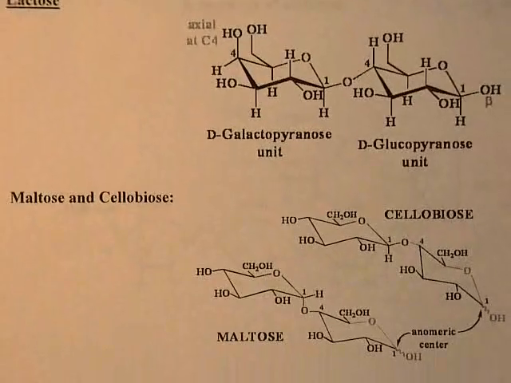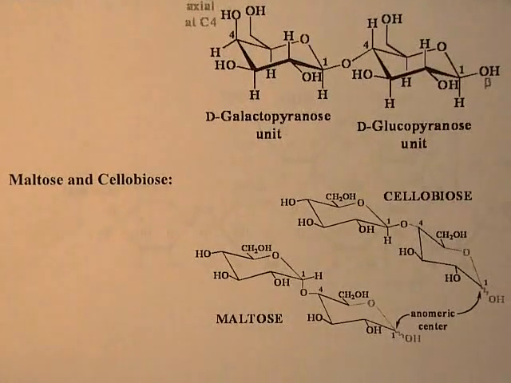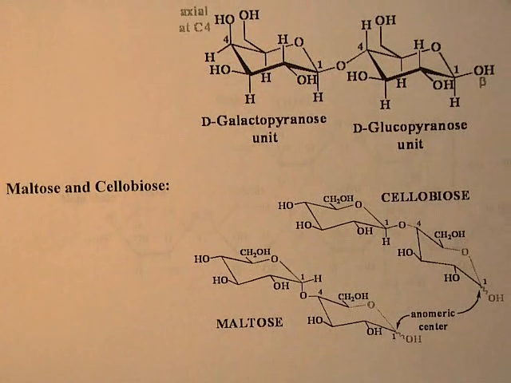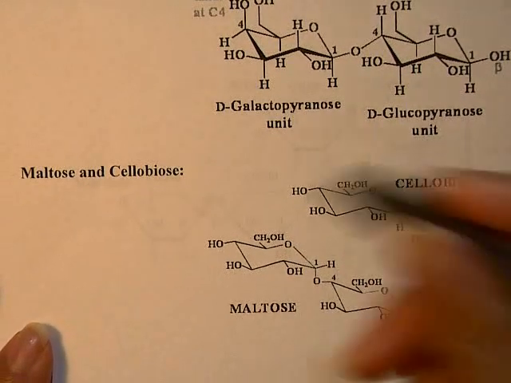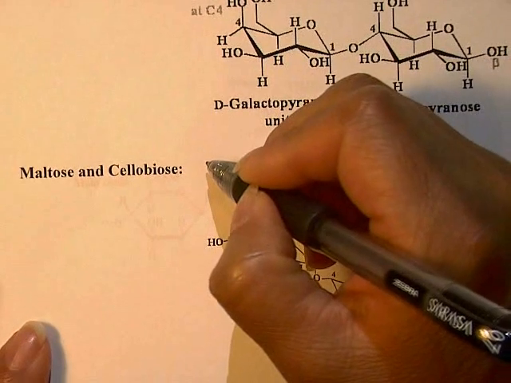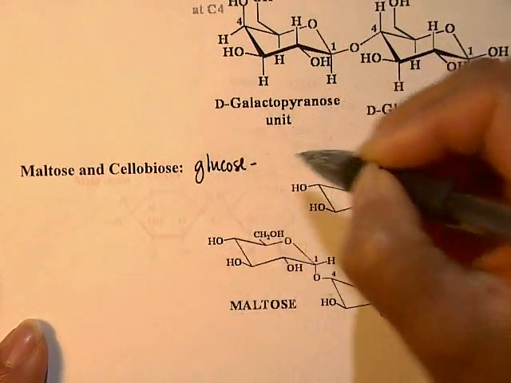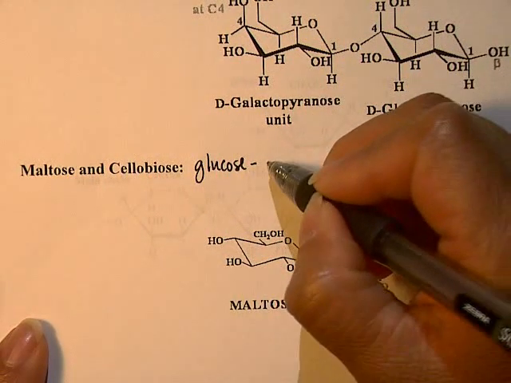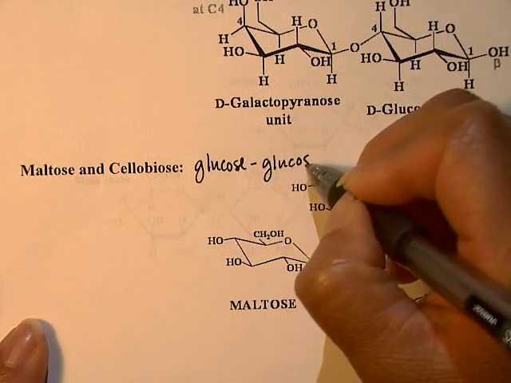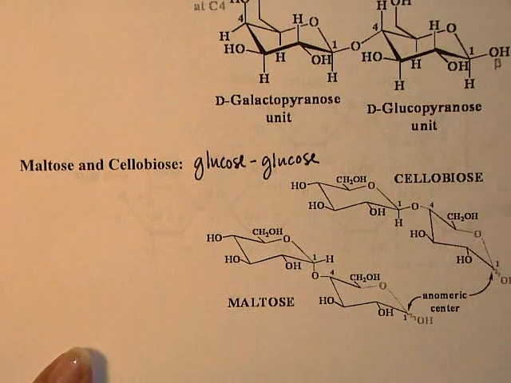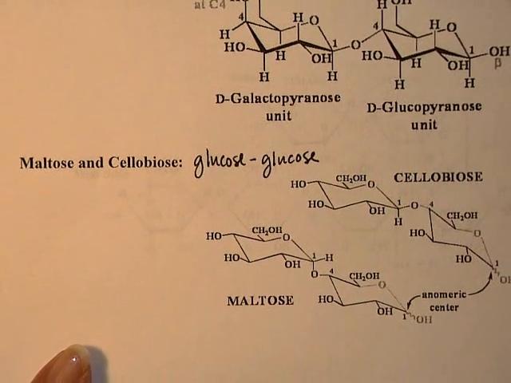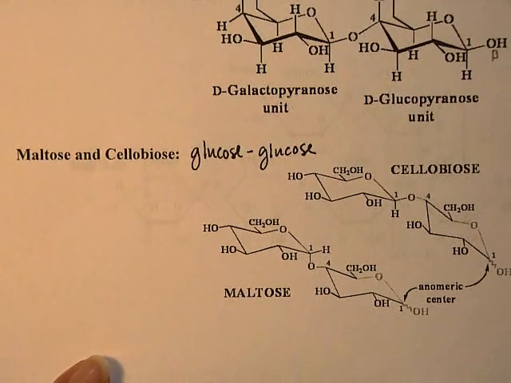All right, so let's go down to the maltose and cellobiose, which is the most commonly found disaccharide in nature. And both maltose and cellobiose, believe it or not, even though they have different names, are made up of the same two monosaccharides. That is glucose with glucose. So this is what happens to food when you eat starch.